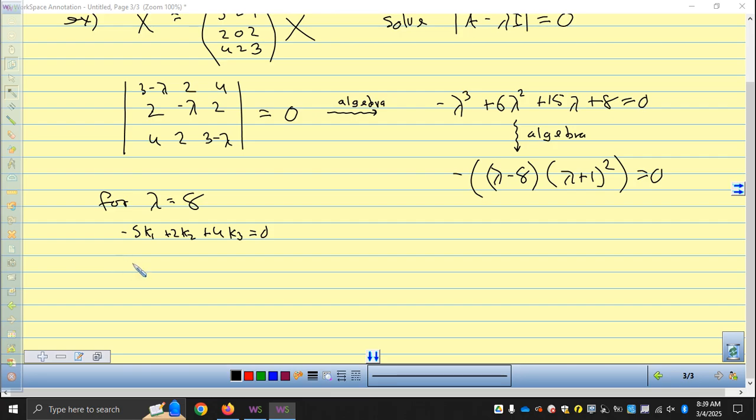So we get 2 k1 minus lambda's 8 minus 8 k2 plus 2 k3 equals 0 from this row. And here we get 4 k1 plus 2 k2 minus 5 k3 equals 0.